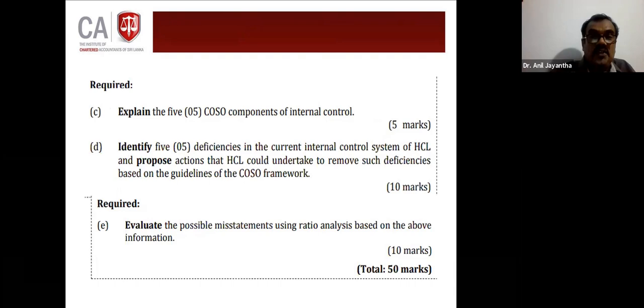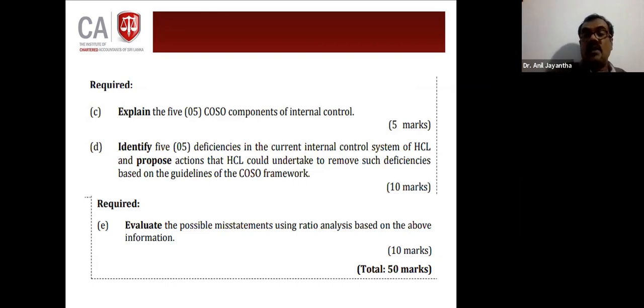That is why I ask you to be independent reading and better be independent from what you read in the pre-seen. In order to answer question number C, you need not read anything in unseen or pre-seen. But if you have the knowledge about COSO, so COSO knowledge should be there. You know, it is the basic component pertaining to internal control, significance, and importance of.